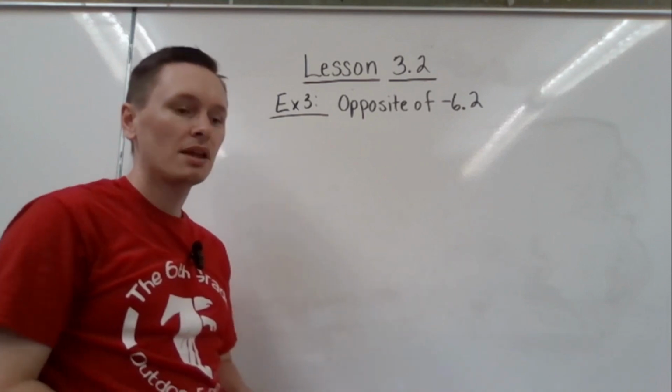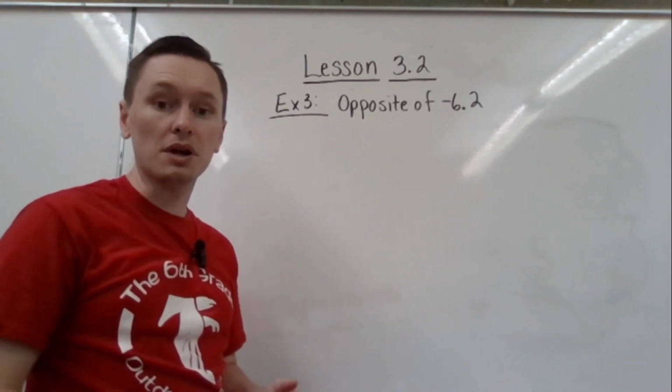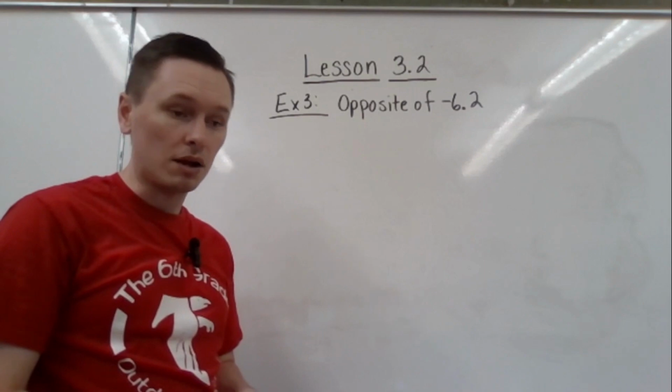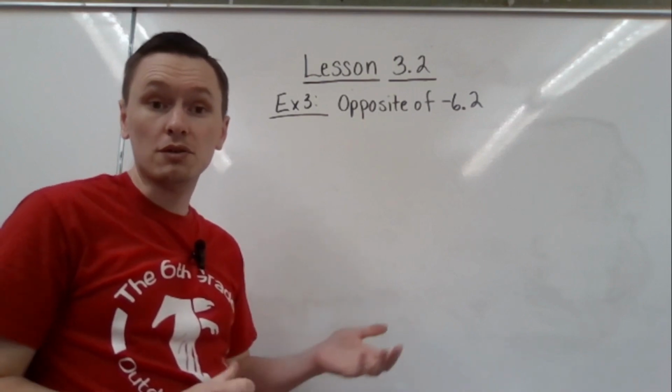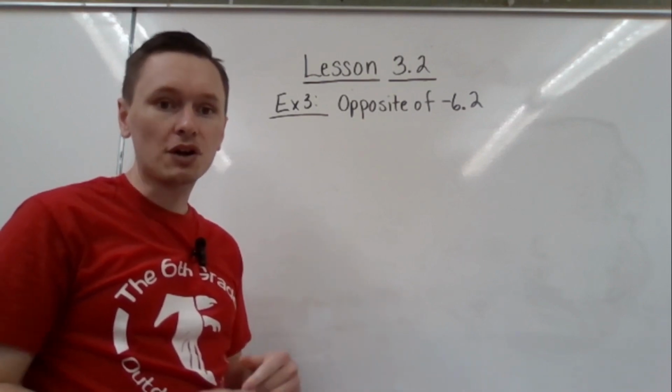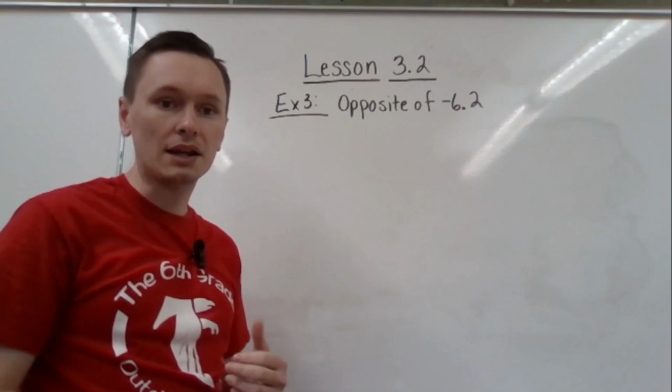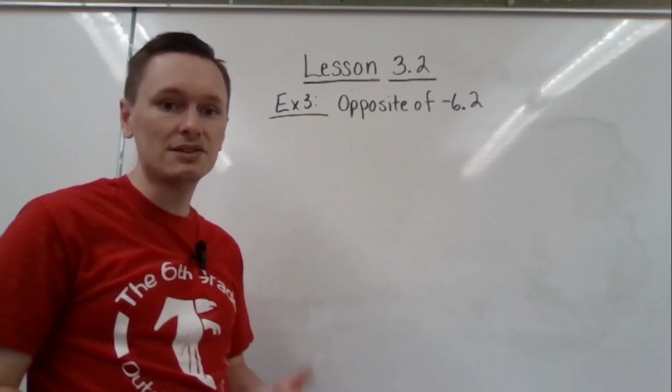So we have to think, how far from 0 is 6.2? Well, it is 6.2, right? Because we said opposites are the same distance from 0 on a number line, but on different sides of 0.